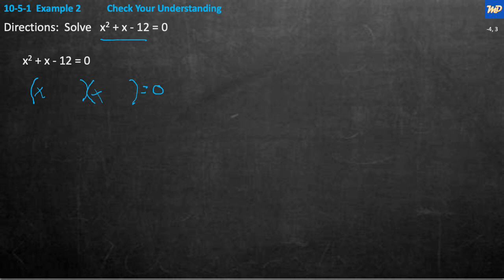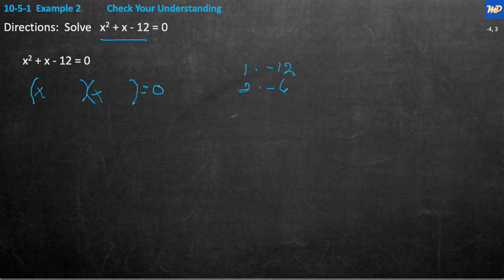Well, if we start here, we can start with 1 times negative 12. I want a 1, right? Can I subtract a 1 in any form from 12 to get a 1? No, you cannot. So let's try another set of factors: 2 times negative 6.